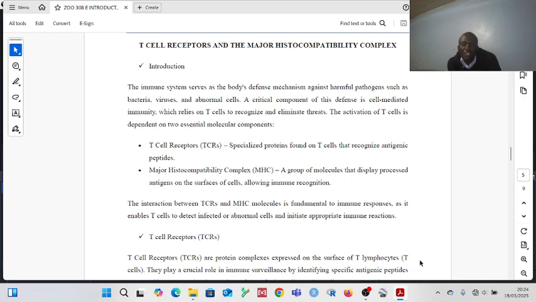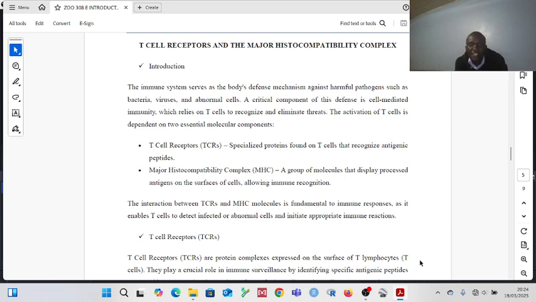Then the major histocompatibility complex, otherwise abbreviated as MHC, this refers to a group of molecules. And what this group does, it helps in the display of the processed antigens on the surface of cells. Okay, so when the antigens are processed, they are now displayed on the surface of the cell by the MHC.